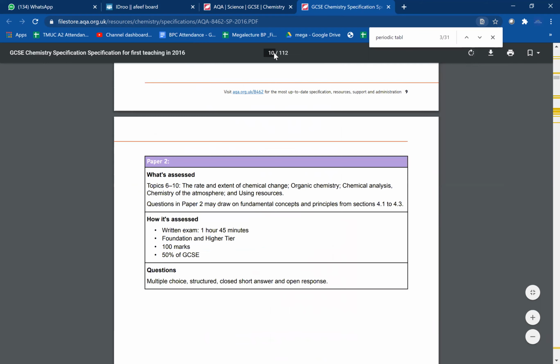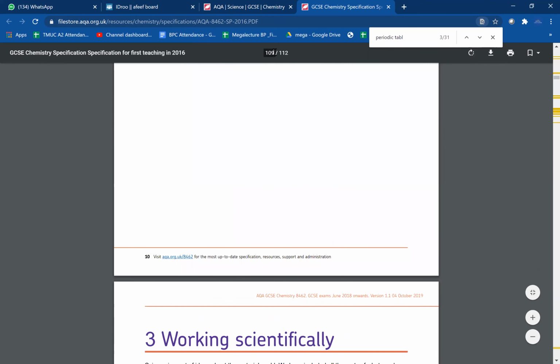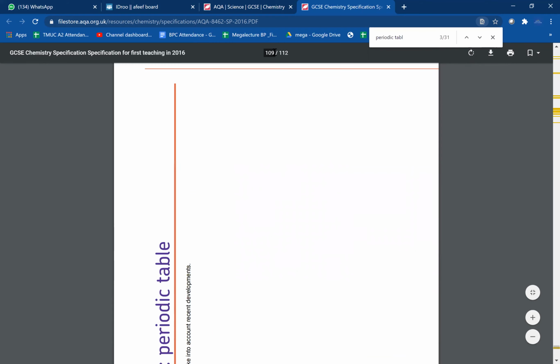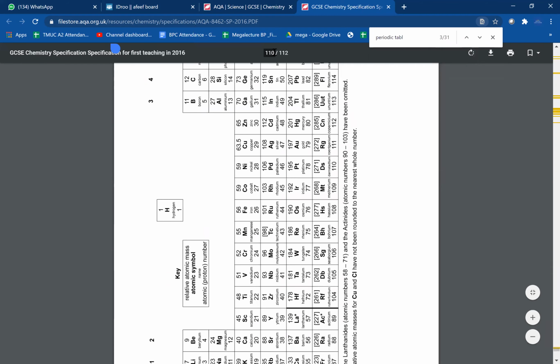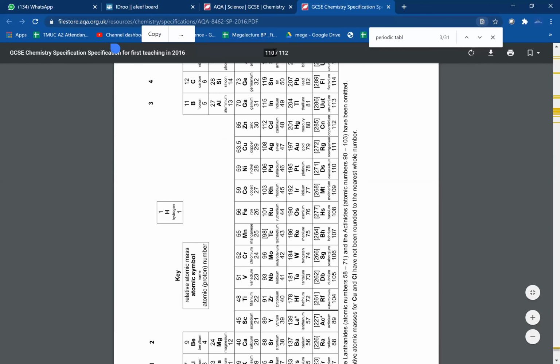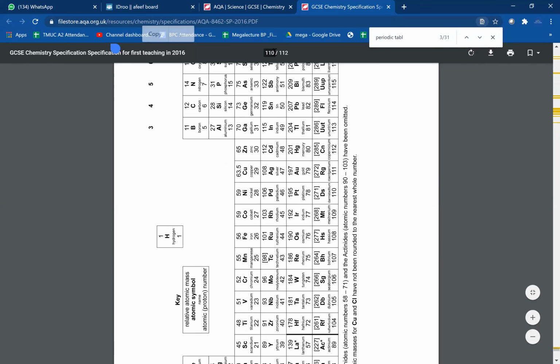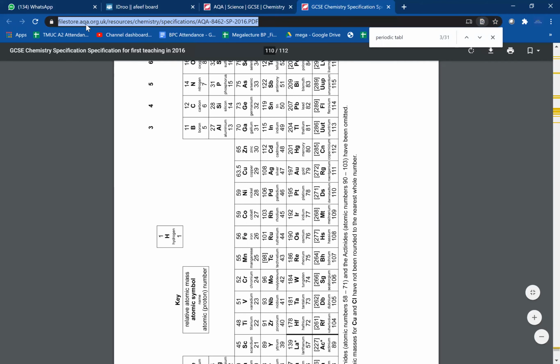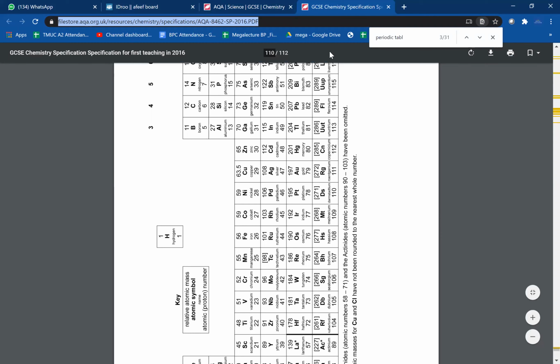You have to look at it sideways, but this is your official periodic table. I think you should print this exact periodic table, and I'll send you the link.